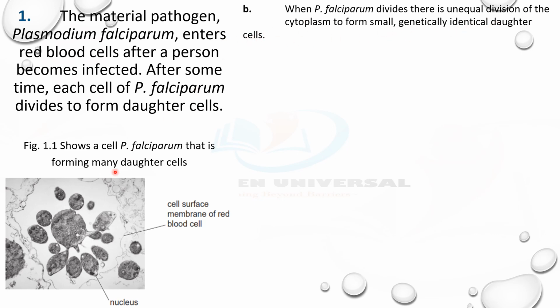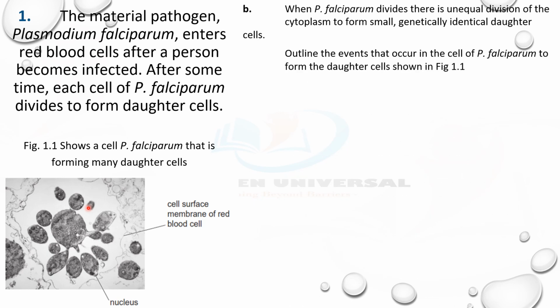Now the cytoplasm are unequal, but they contain the same genetic material. So the question says outline the events that occur in the cell of P. falciparum to form the daughter cells, shown in fig 1.1.